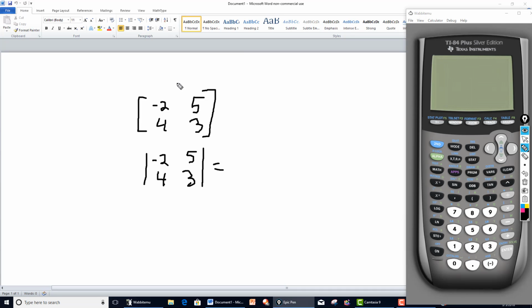So if I want the determinant of this matrix, I write it this way, and I can easily get it by cross multiplying here. 3 times a negative 2 is a negative 6, and then I subtract the other cross product. That's the procedure. So this gives me a negative 26. That's the value of the determinant, which has several applications.